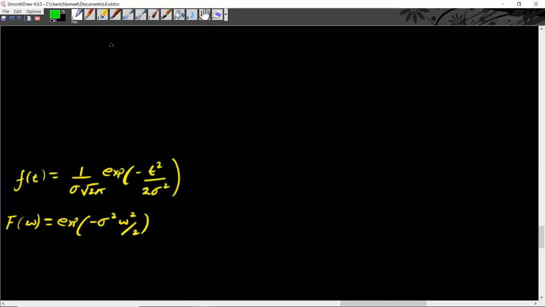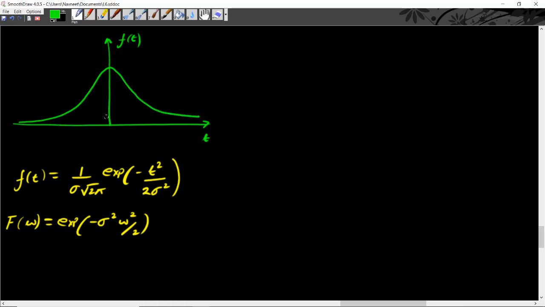The plot of the function in time domain looks something like this, where the characteristic width of this function scales as this sigma, which is the standard deviation of the Gaussian normal distribution.